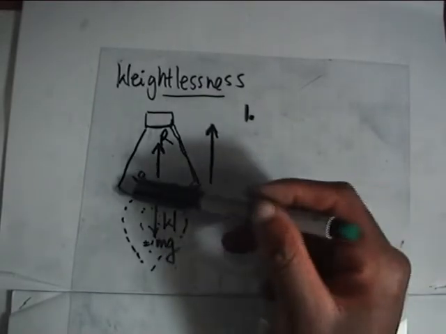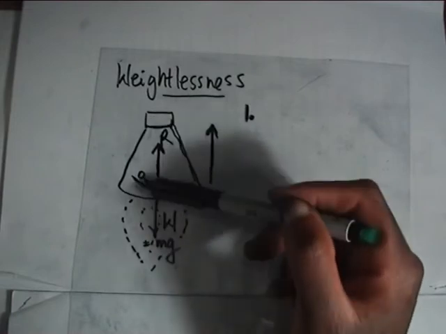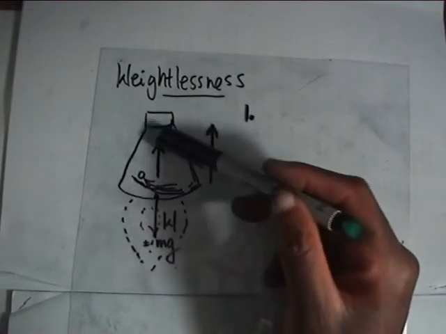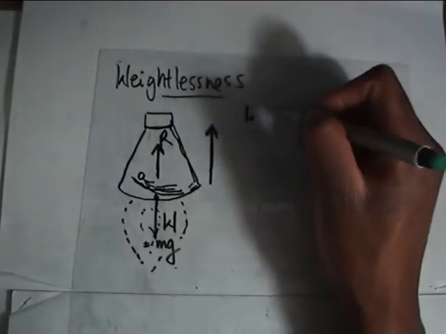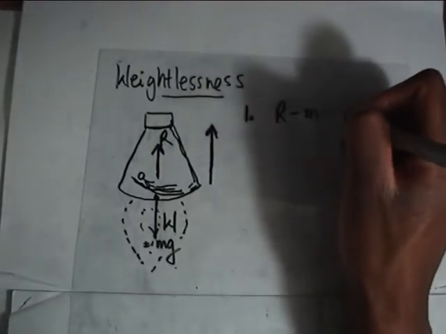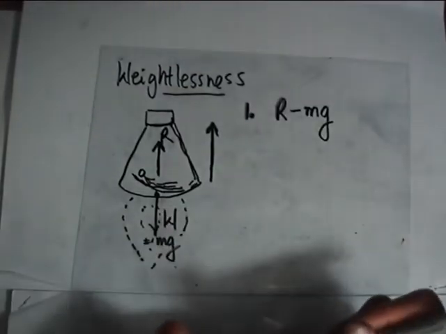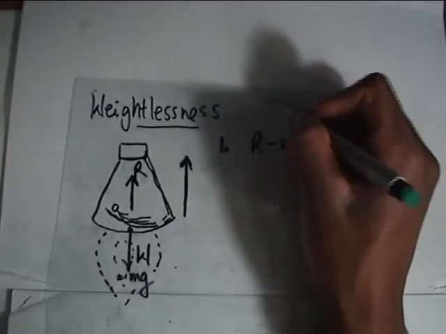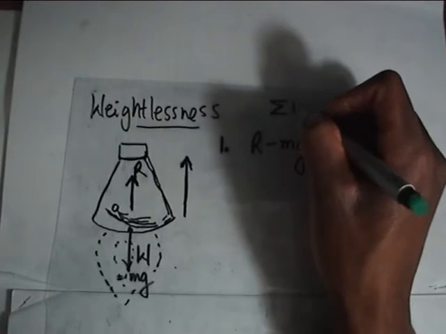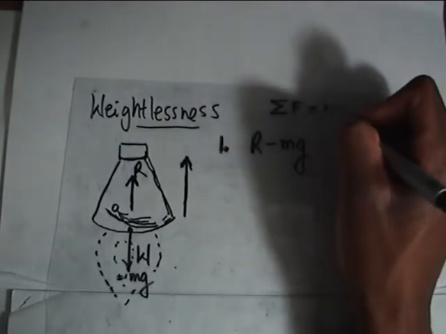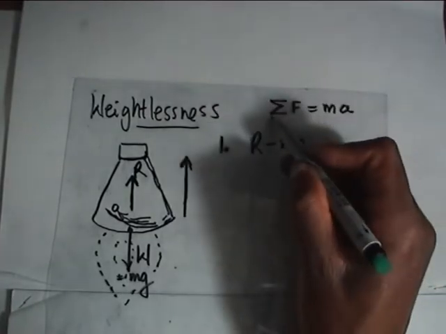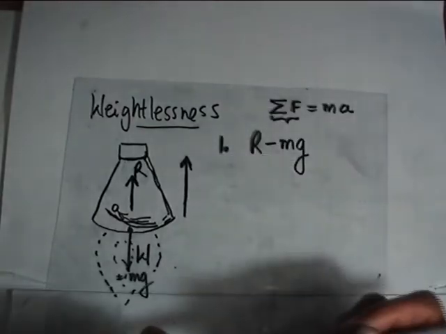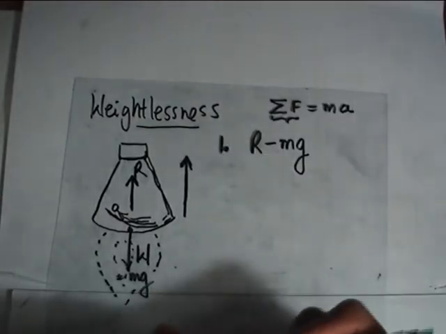So R minus mg will give us our resultant. By Newton's second law, when you add up all the forces, no matter where they are, they should be equal to ma, because adding up forces gives the resultant.